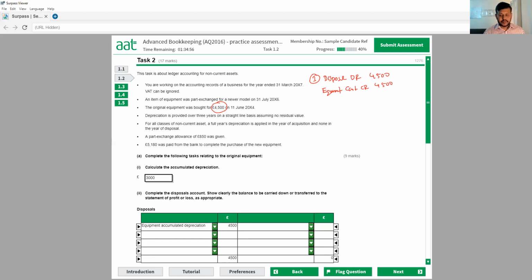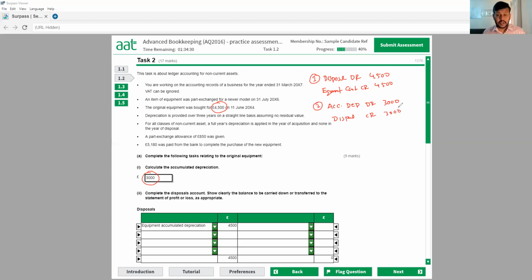All right, the next one is the accumulated depreciation that you have calculated, 3,000. So we have accumulated depreciation debit 3,000, and the disposal credit.